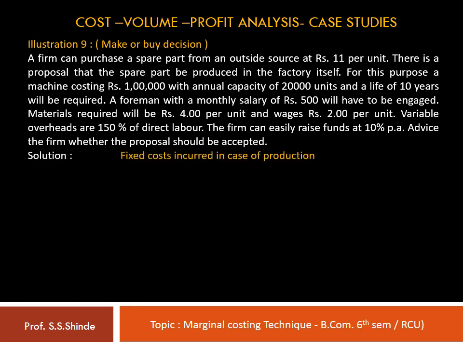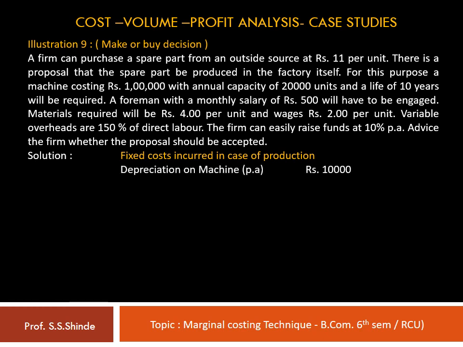Let's analyze this problem and try to find out whether the company should produce or should buy from outside source. Now let's look into the fixed costs incurred in case of production.